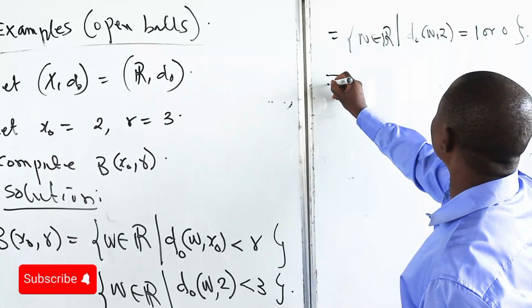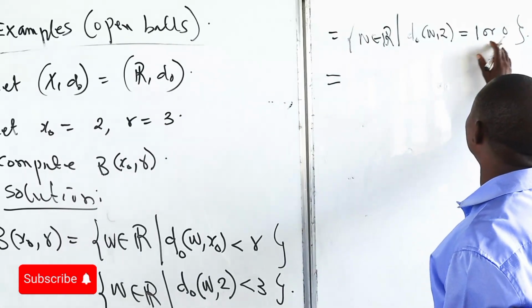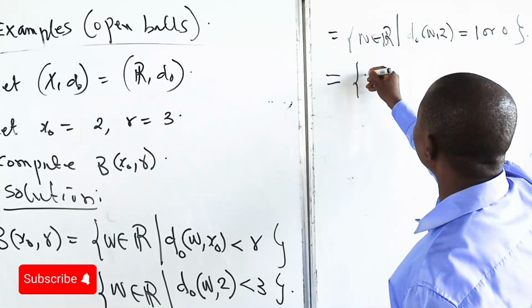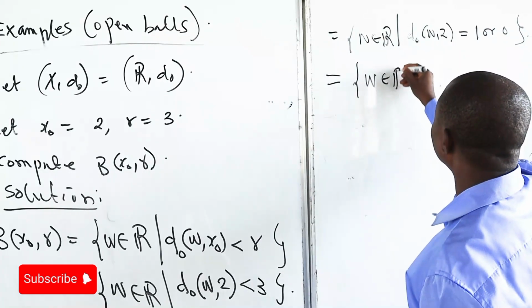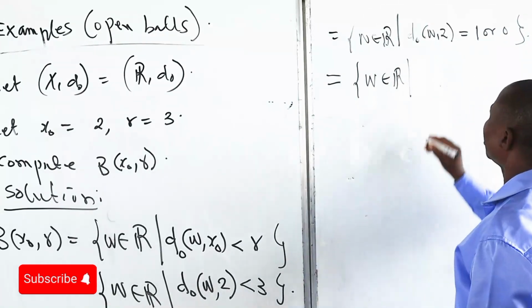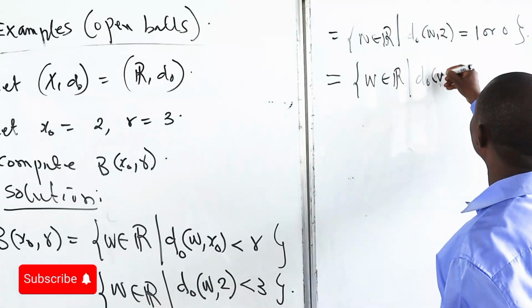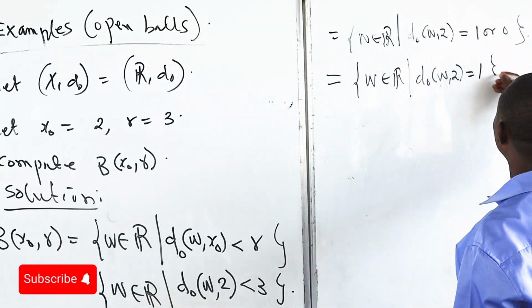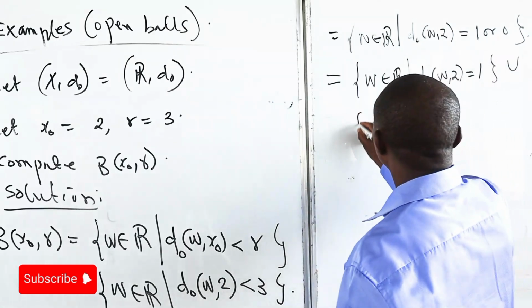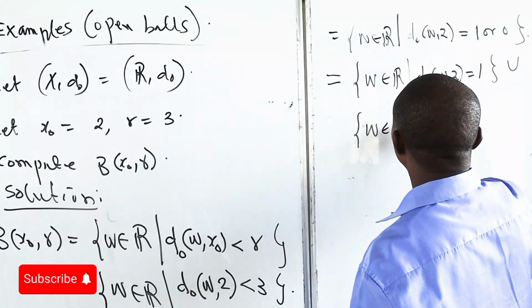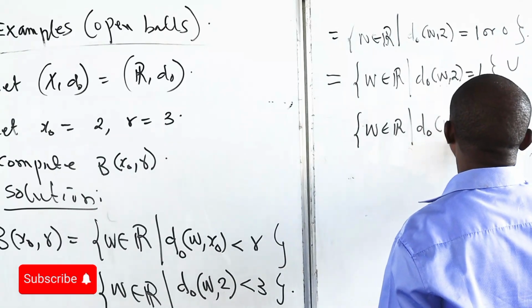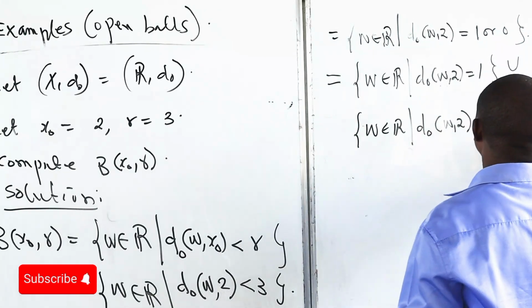From here, we know that in set theory, 'or' means union of 2 sets. So we break this into 2 sets: the collection of w in R such that d naught of w, 2 is 1, union the collection of w in R such that d naught of w, 2 is equal to 0.